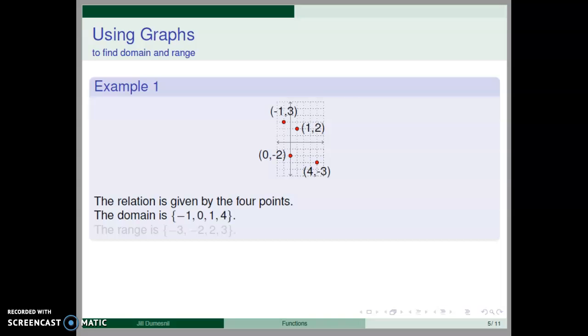Thus, the domain is the set {-1, 0, 1, 4}. The range is the set of second coordinates used in the relation. Thus, the range is the set consisting of the elements -3, -2, 2, and 3. Remember that in specifying sets, the order of the elements listed inside the braces is irrelevant.